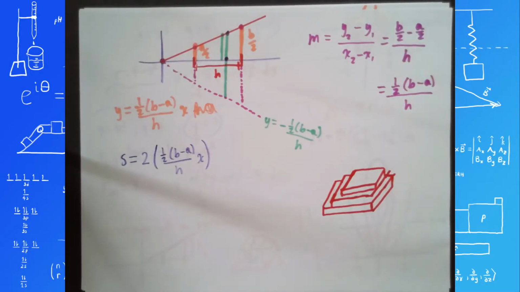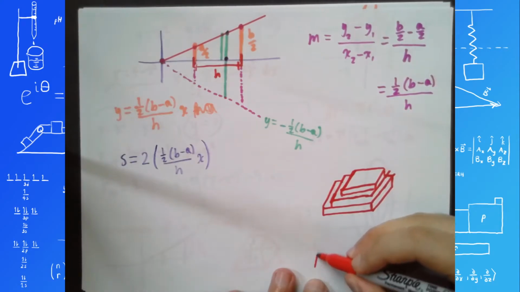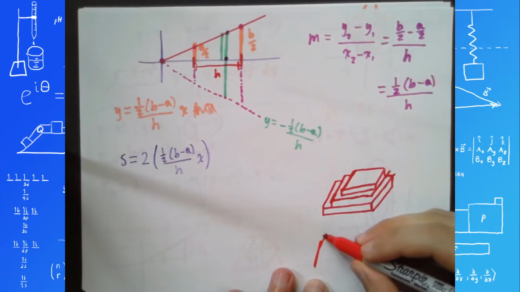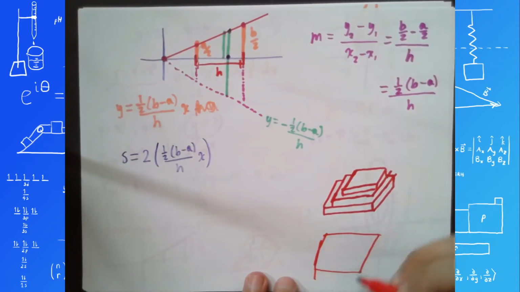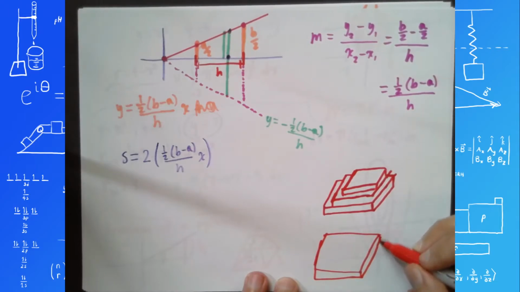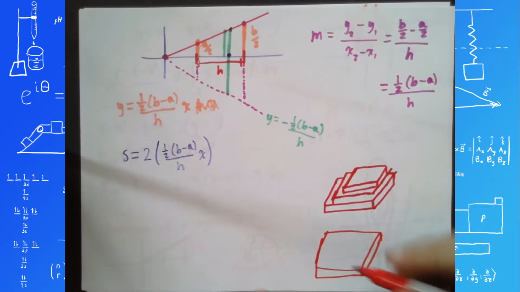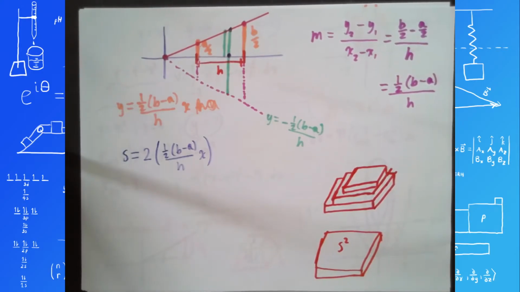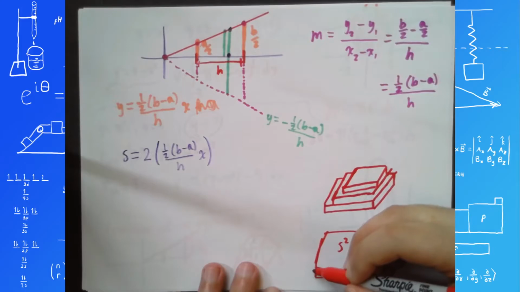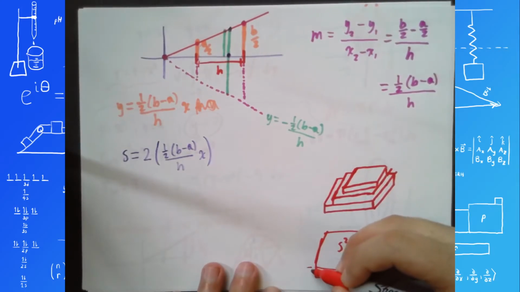Now then, if I know the side length of one such square tile, then I can calculate the area of its base, which would just be the side length squared. And then I multiply that by the height or thickness.